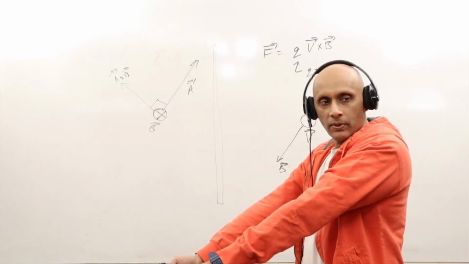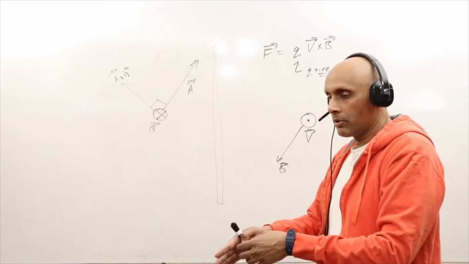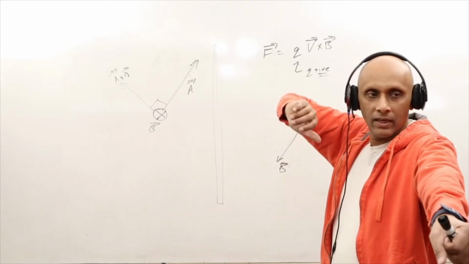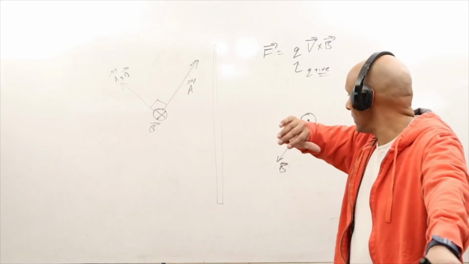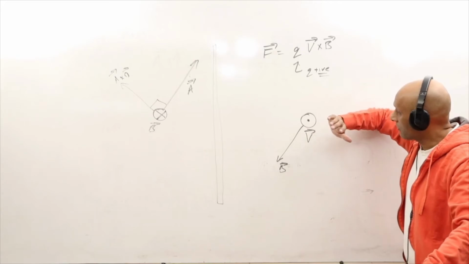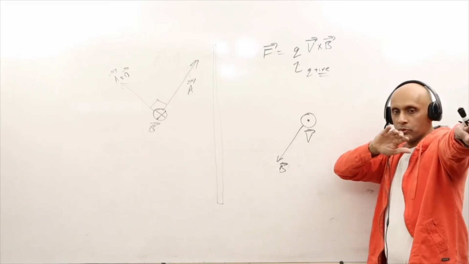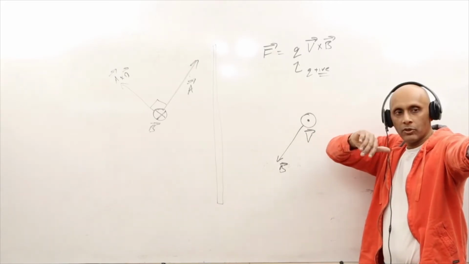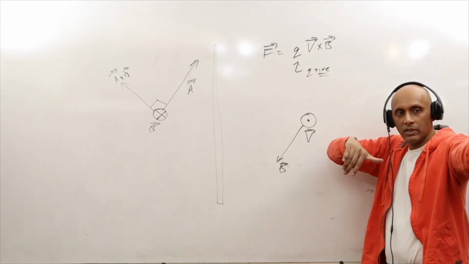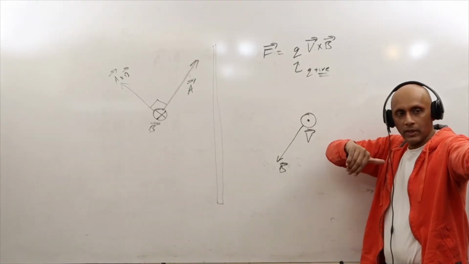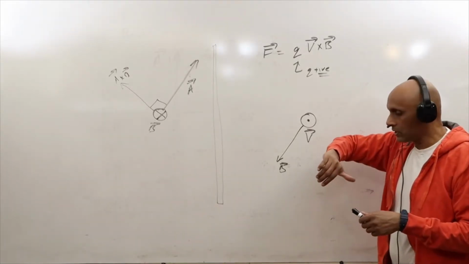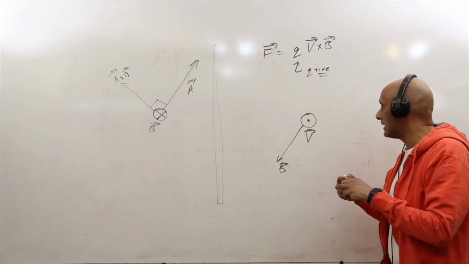Once I do, you'll notice that the process of turning is this way. I take my right hand, I'm rotating the velocity vector from this way, coming this way, into B, turning the smallest angle between V and B. And the direction of my thumb is pointing diagonally down.